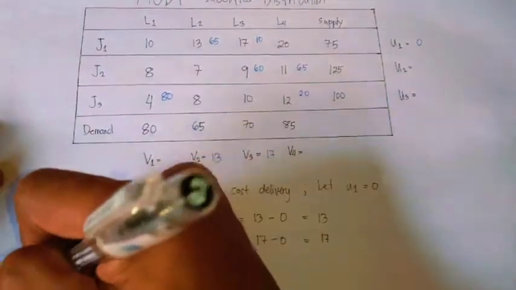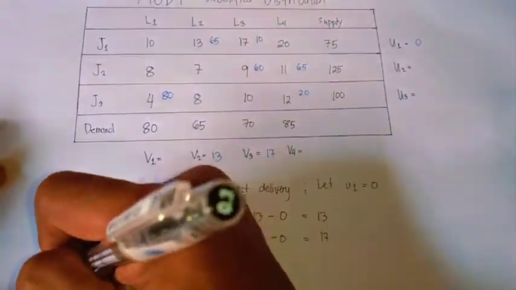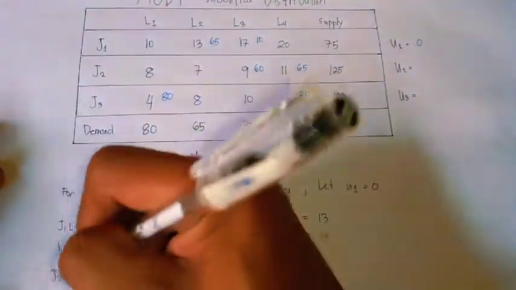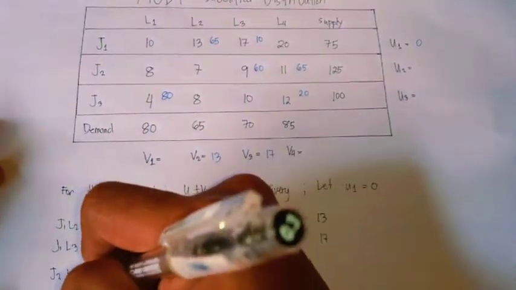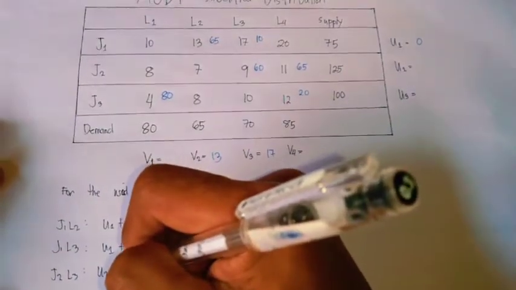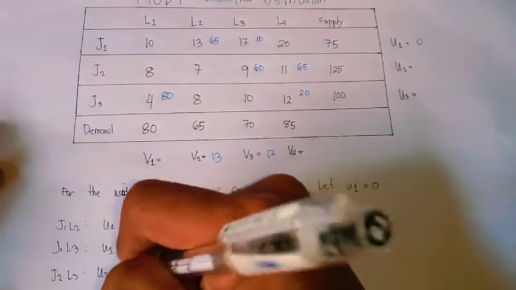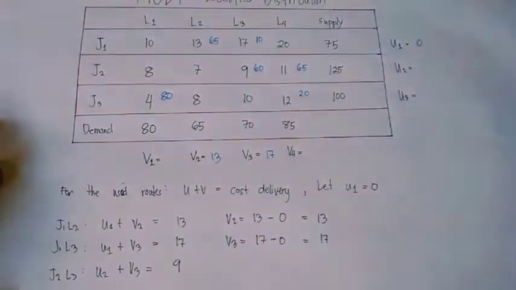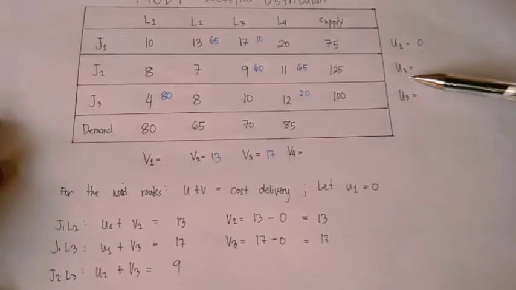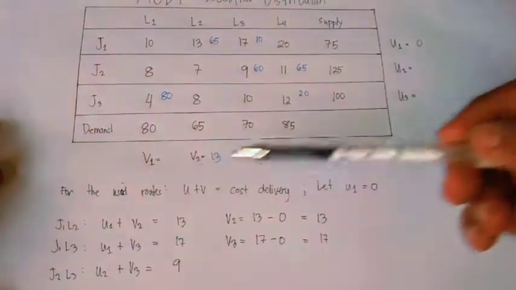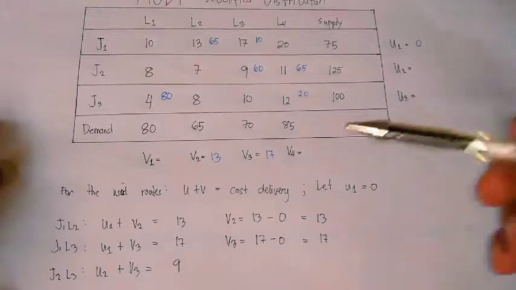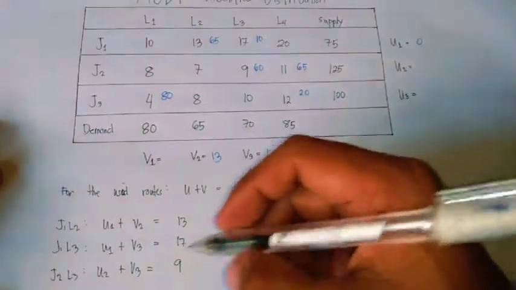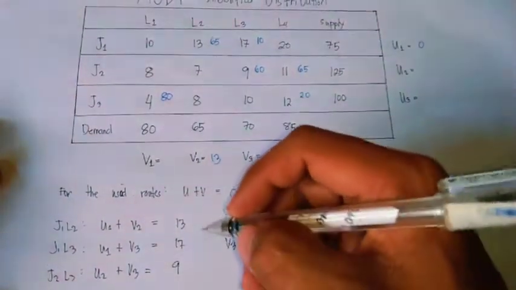Next, J2 L3. U2 plus V3 is equal to 9. Since we don't have the value of U2 but we now have the value of V3, we will get U2.